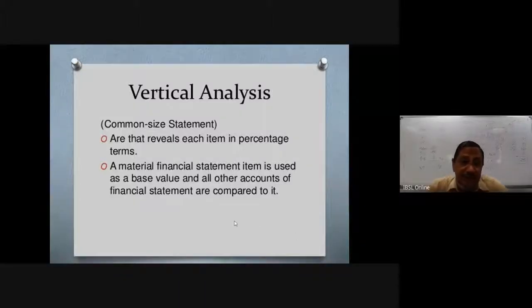The next method for financial projection is the vertical analysis, the vertical method. Now, this is what we normally call a common size statement, because it is commonly used by most of the banks as well as organizations. It reveals each item as a percentage. That means each item in the balance sheet or the P&L is shown as a ratio, a percentage of the sales. Right? So what percentage of sales is expenditure?